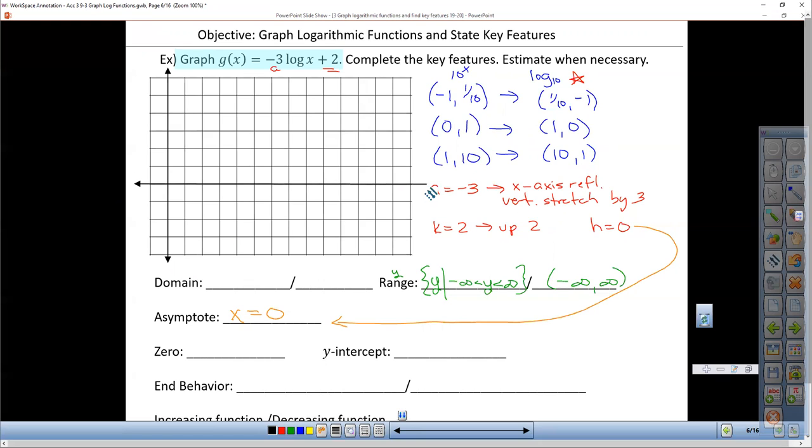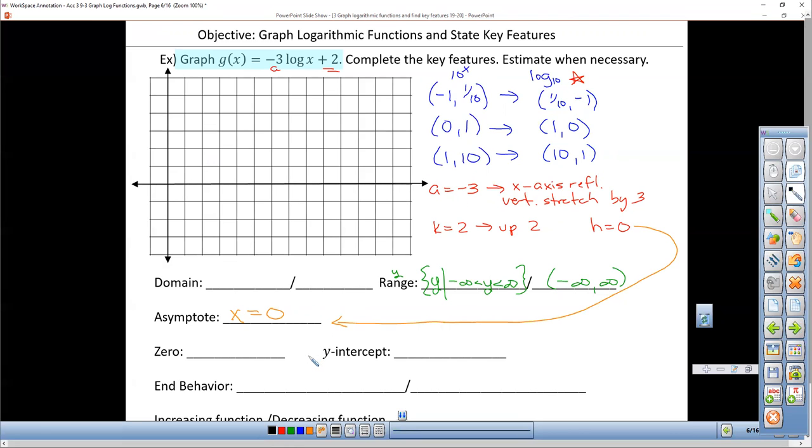No, it'll be the same, because our negative one will reflect to 1 and then go up 2. So, oh, we have a stretch. Forgot about my stretch. All right. If I do have a stretch of 3, then the 1 does stretch to 3 and then also reflects, and then goes up 2. So I think I need to get to 5. So 2, 4, well, that probably would still work. Okay. So all those things to think about.